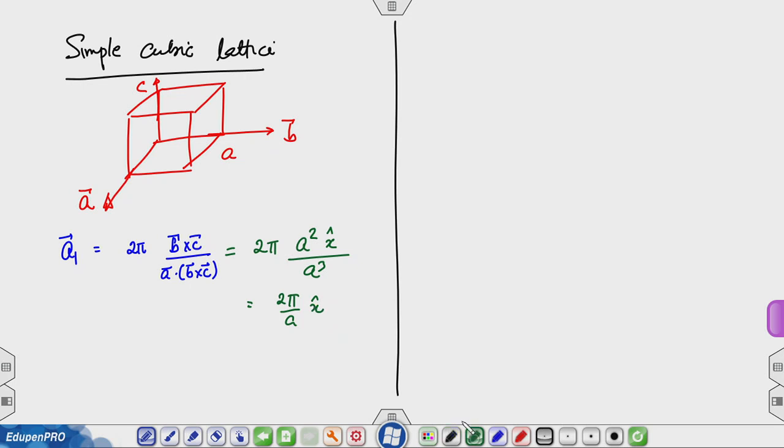And similarly, you are going to get B 1, which is going to be 2 pi by A y, and C 1, which is going to be 2 pi by A z.